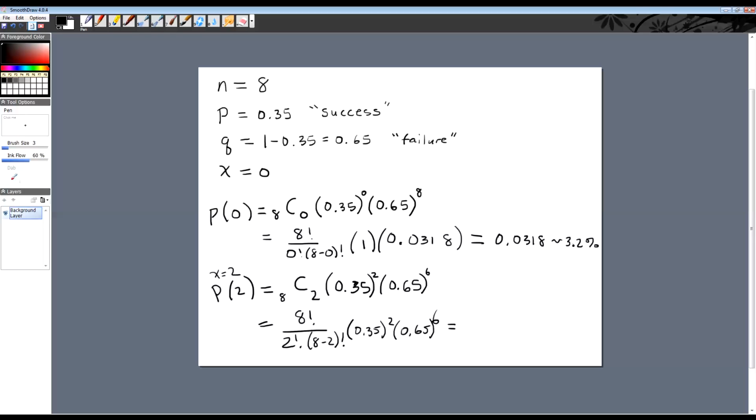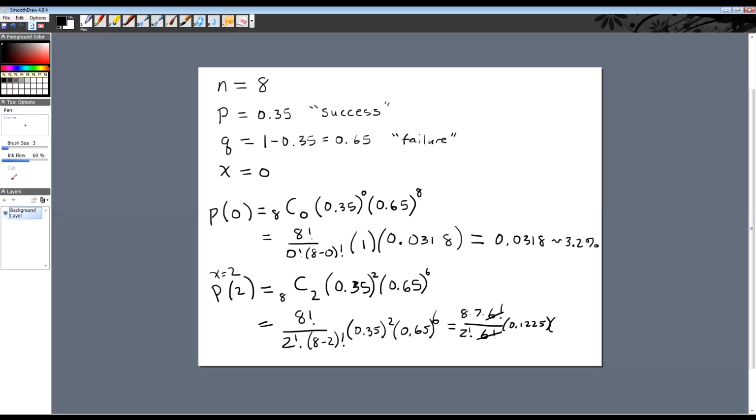So 8 factorial is 8 times 7 times 6 factorial, all divided by 2 factorial times 6 factorial. The 6 factorials cancel out. 0.35 squared is 0.1225.